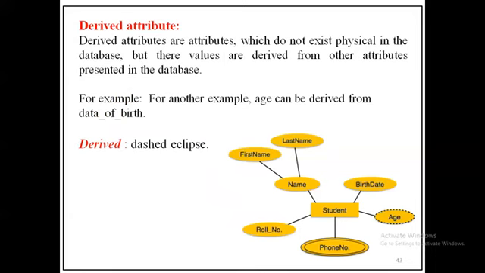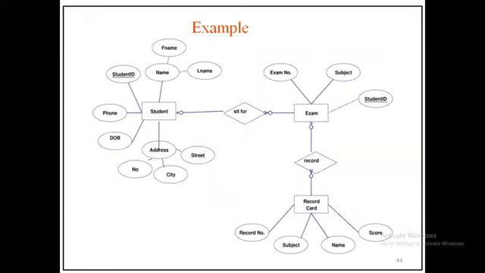Now see one example. I want to construct an ER diagram for a university. You have to identify the major entities available in the university. For example, student is one entity, exam is another entity, record card is another entity. These are the entities I gathered. Each entity has its own attributes.